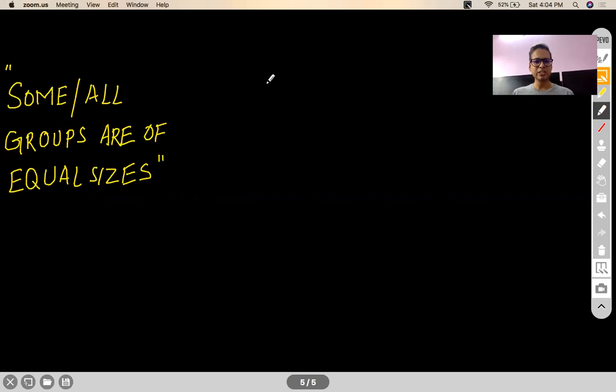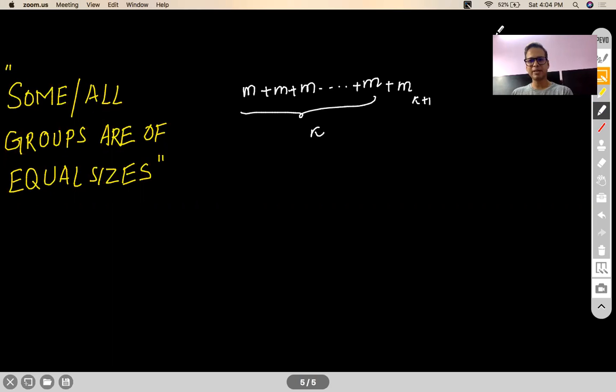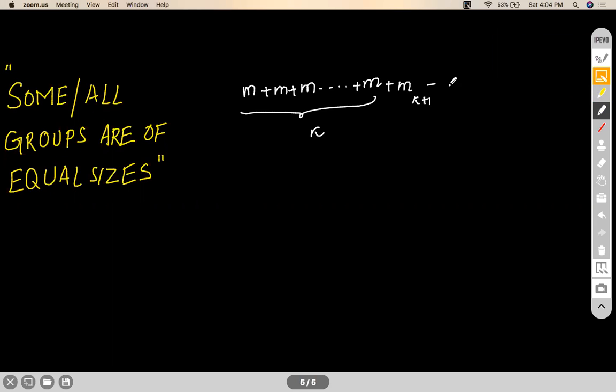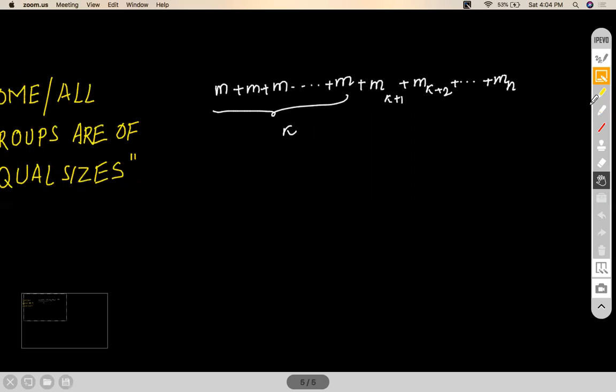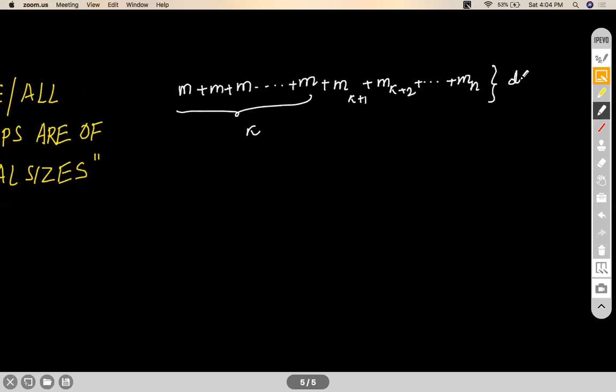So let us say I have m, m, m, dot dot dot, k times, then mk plus 1, mk plus 2, all the way till mn. So I have these many distinct objects with me.